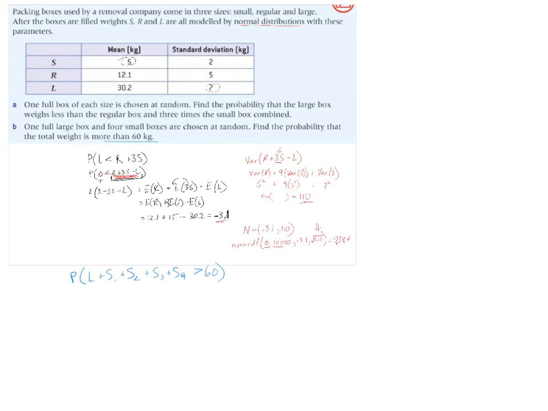First we want the expected value, then we're going to get the variance, and then we'll put those together in a normal distribution to be able to get our answer. So first we need the expected value.